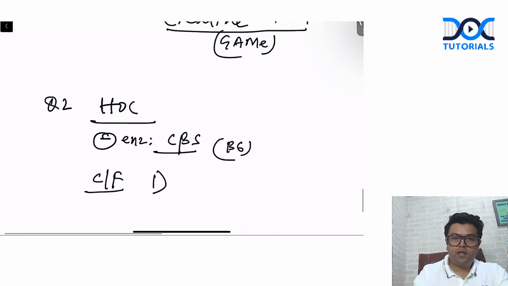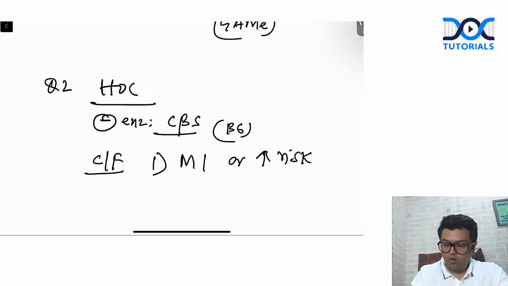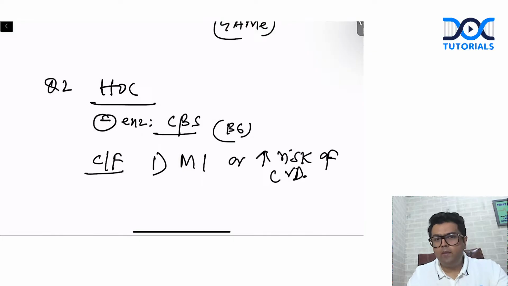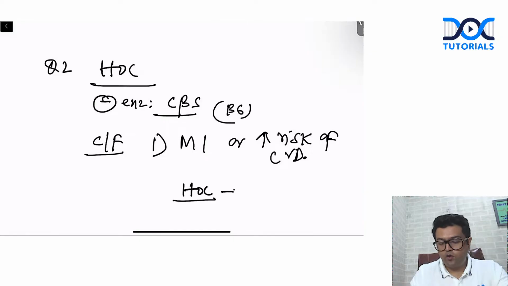The first clinical feature that you should never miss is MI, or increased risk of cardiovascular diseases. If you know the mechanism, well and good. Guys, one of the mechanisms that books mention is that homocysteine converts into certain compounds which cause oxidation of LDL.